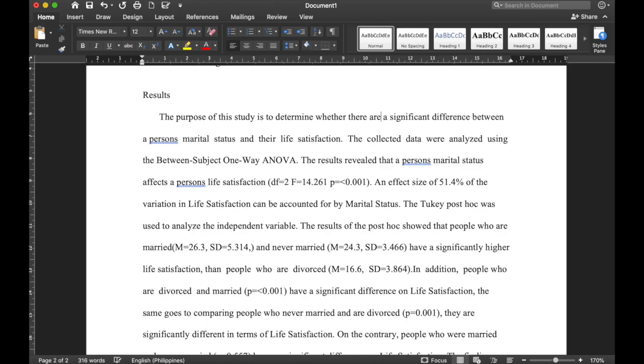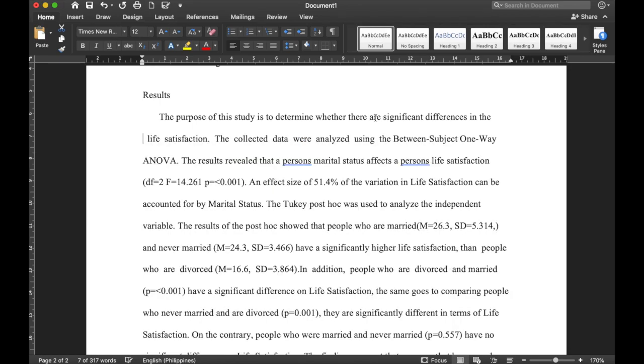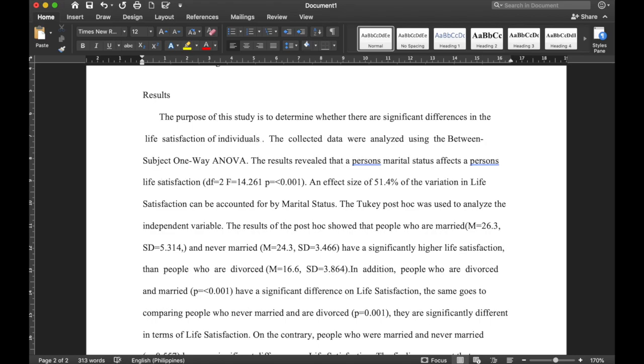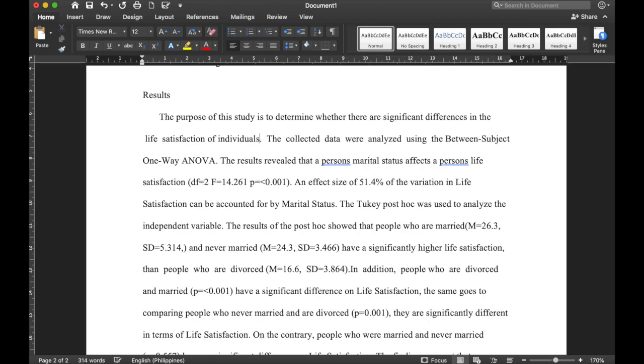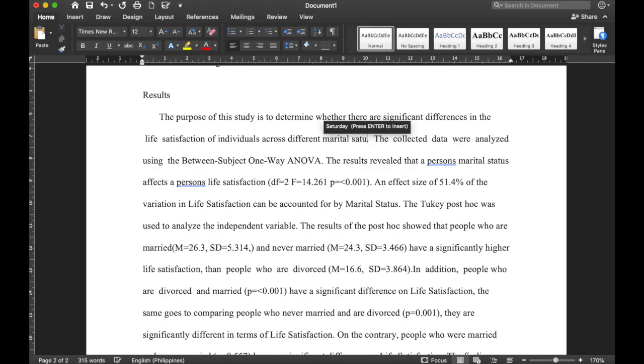whether there are significant differences in the life satisfaction of individuals across different marital statuses.